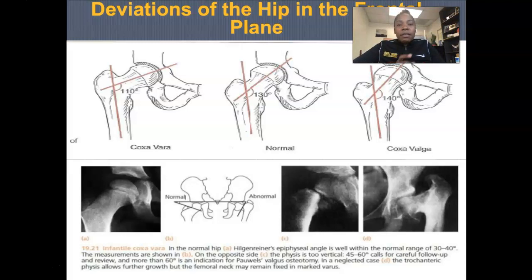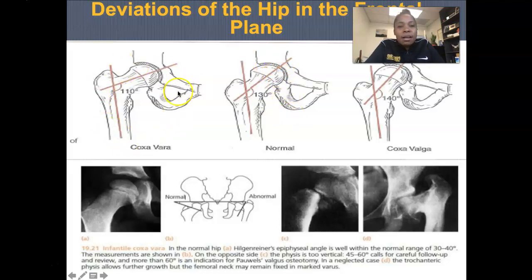With our angle of inclination pathologies, which are coxa vara and coxa valga, the angle of inclination happens by the head moving in the frontal plane, right? So think adduction, abduction. So essentially what we see is normatively, our angle of inclination would be 130 degrees in the frontal plane. So what happens when that head moves up or shifts down?